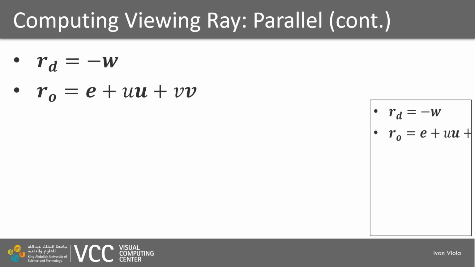So for the parallel projection, we already have the viewing direction, and we have the ray origin. So here you can see that we have the ray origin defined by the point E. So we will start searching for the position here, and then plus the u vector with a certain offset, either this way or this way, which is determined by the scalar u, and plus v.